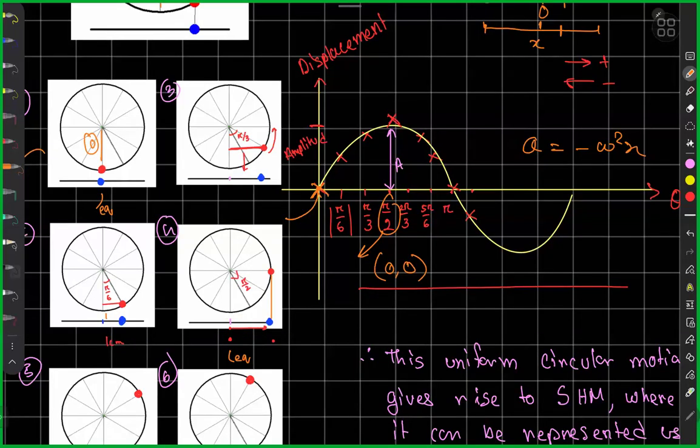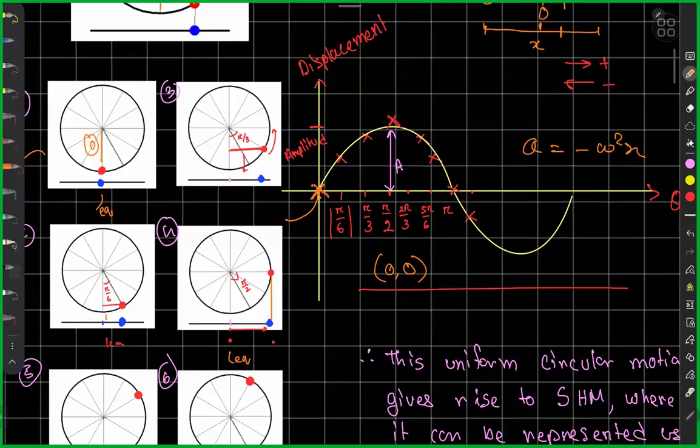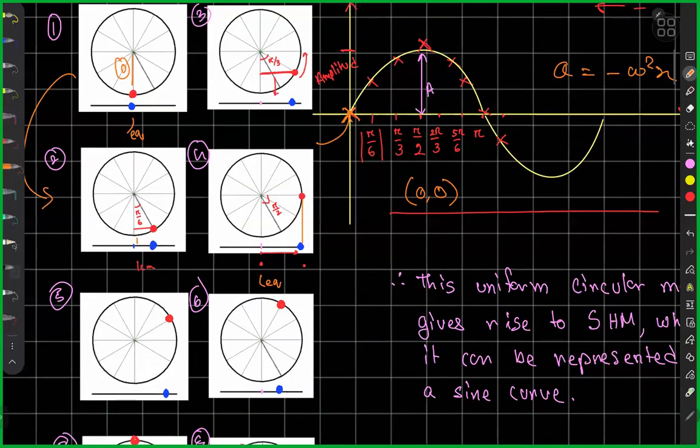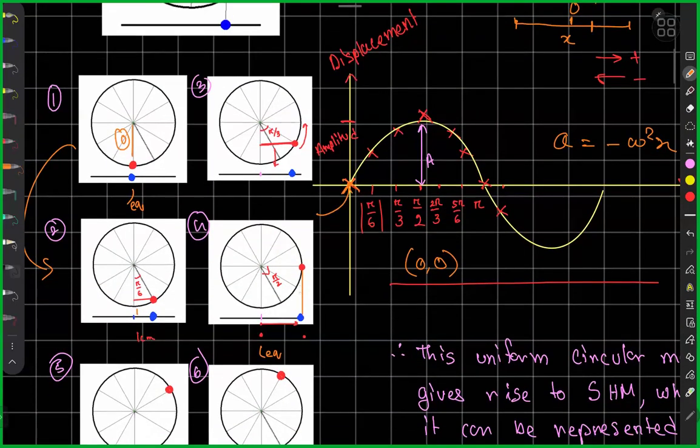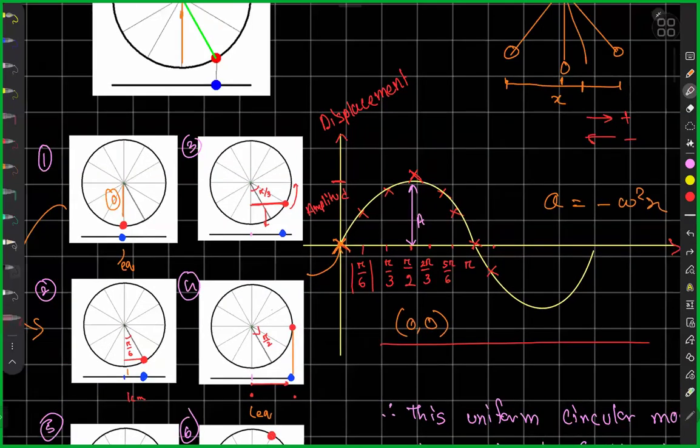Now continue doing this. Sir, when we say displacement, in this case when theta is pi by 2, is it a straight line horizontally, or is it the hypotenuse of a triangle? You want to know which one is the displacement? This is the displacement. On the shadow, this line that you see is the path.